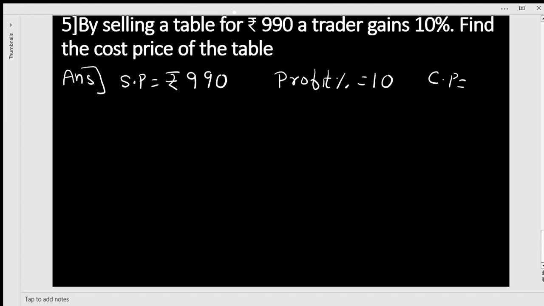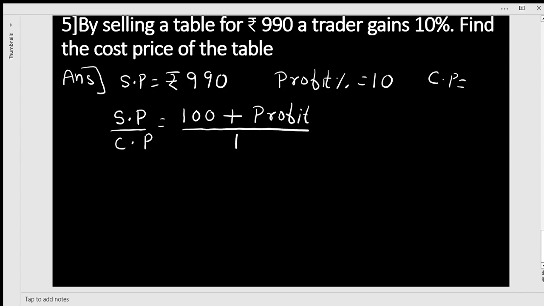Again, we'll use the versatile formula. So it is selling price upon cost price is equal to, since it is profit, 100 plus profit upon 100. Did you understand? Let us substitute the values. Selling price is 990.